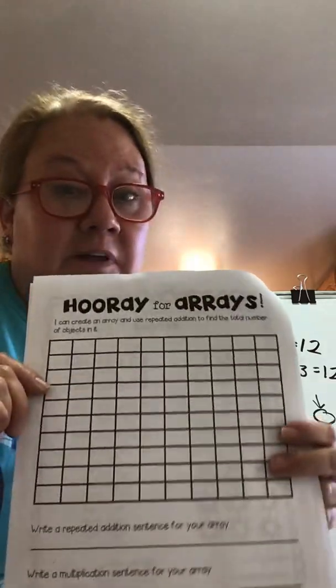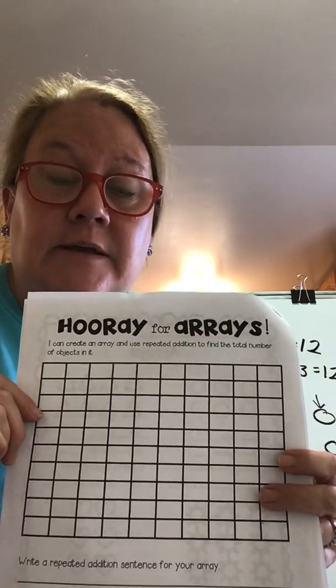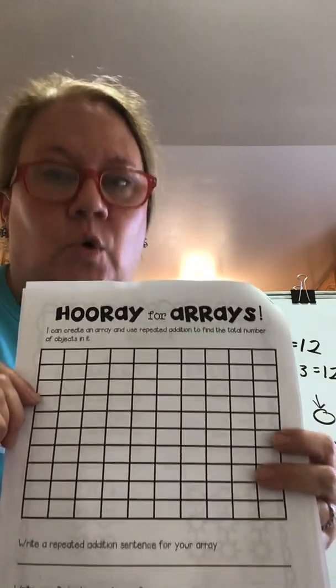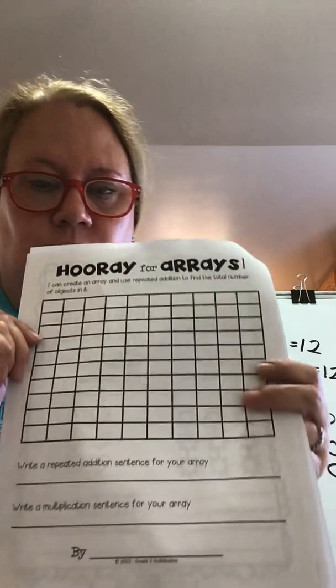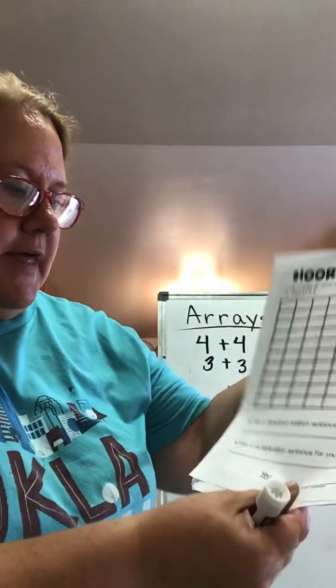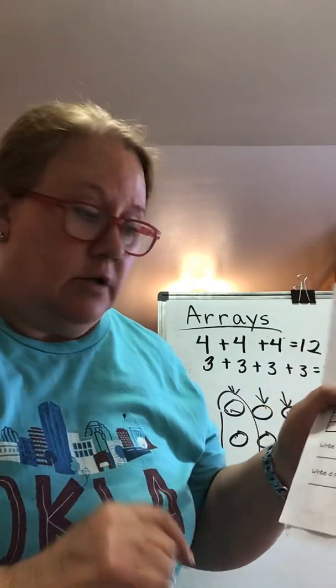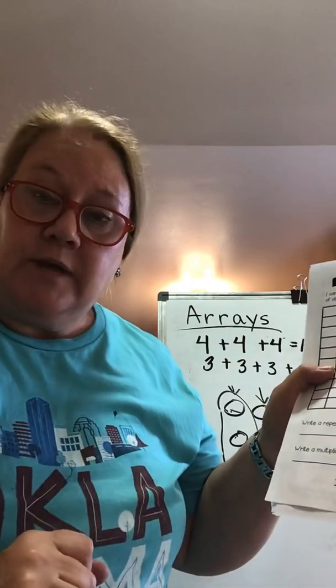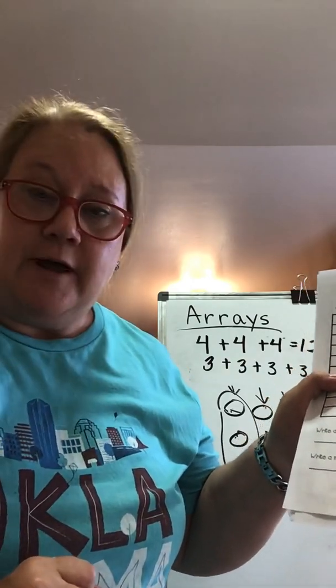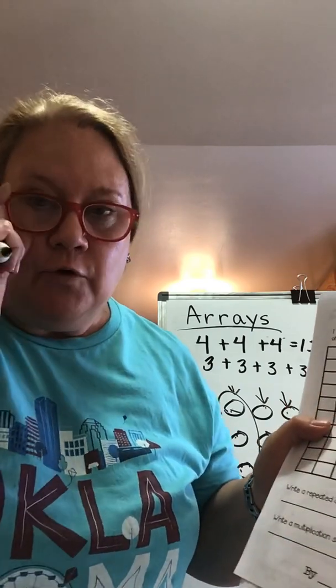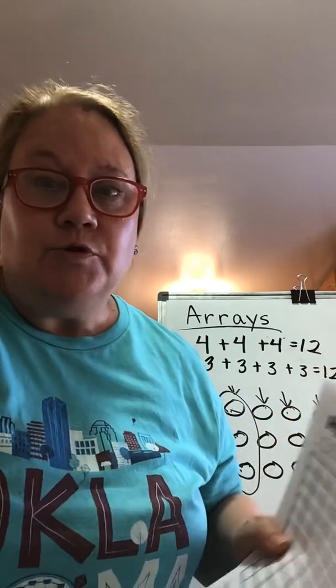Here's the trick about arrays: they need to be in the shape of a rectangle or a square. That's what it will turn out, no leftovers. And then you're going to write a repeated addition sentence for your array, pick columns or rows, then write the multiplication sentence for your array. And that's what we're going to do for today, and we'll do more next week.